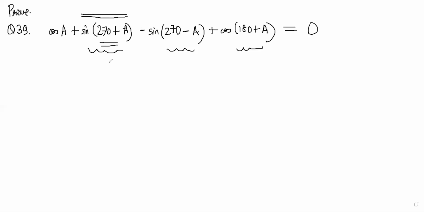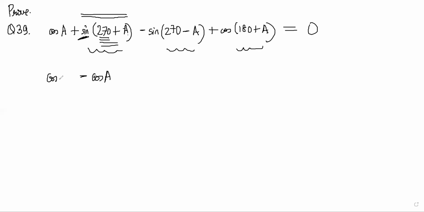How third? 270 plus something, or 270 plus A. Yes, fourth, sir. So in fourth quadrant, sine should be positive or negative? Negative. So the answer should have a negative sign here. Yes, sir. And then what will happen? Is this even multiple or odd multiple of 90? Odd. So sine should become cos. So minus cos A.